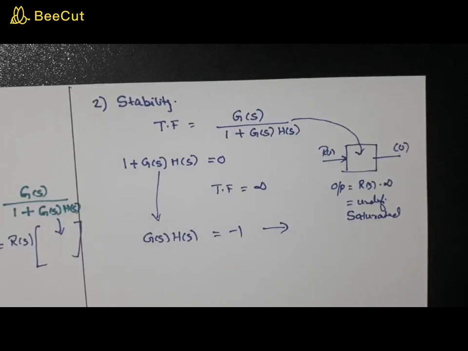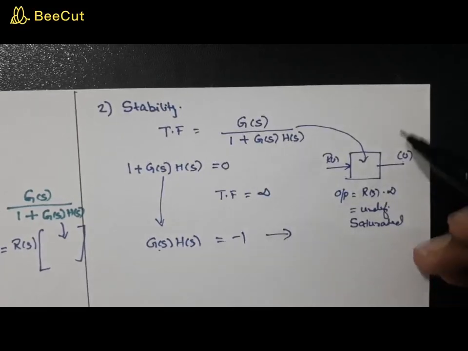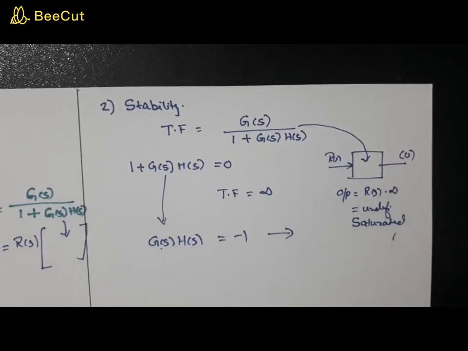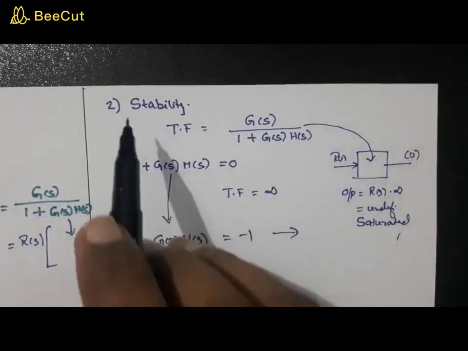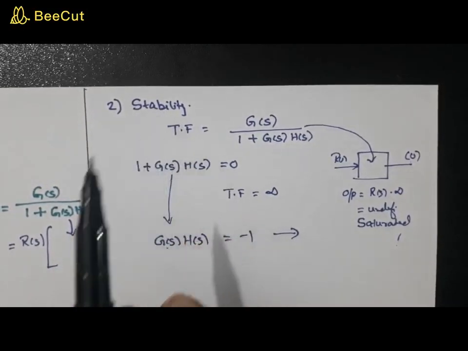But as far as a control system is concerned, this condition should not be met, because it will make the system unstable and that will make the system oscillate. Okay, so one of the major problems of this closed loop control system is the stability.